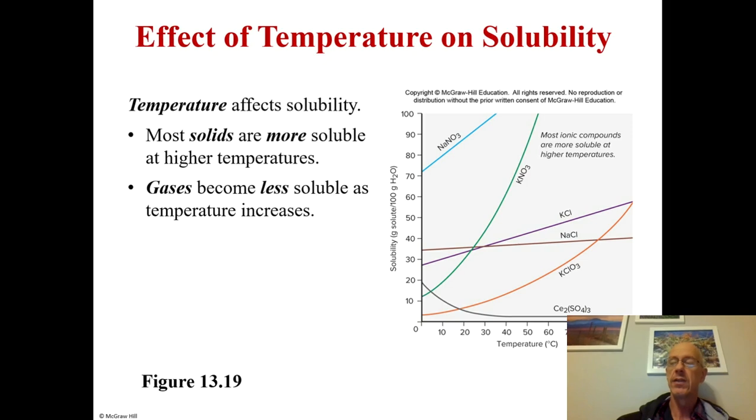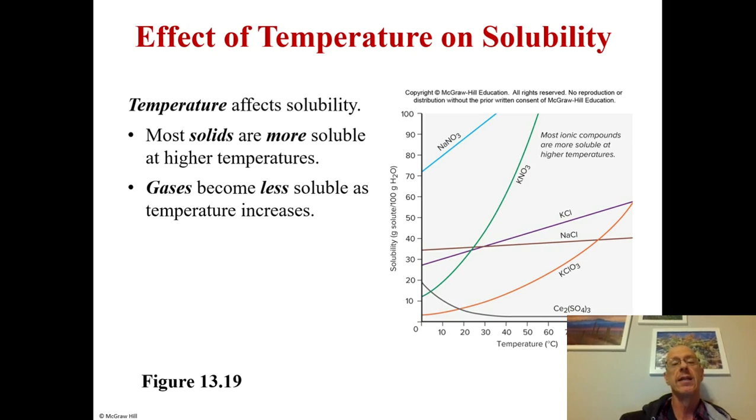It's not always the case. Sulfates very often have negative coefficients of solubility. Their solubilities tend to a lot of times decrease as the temperature goes up. But for most solids, the solubility limit goes up as the temperature goes up.